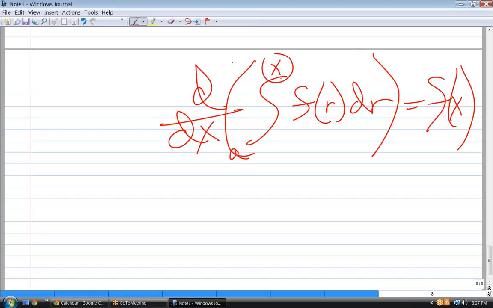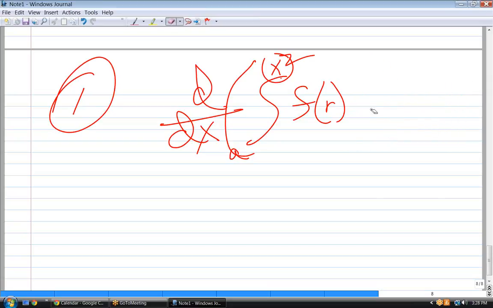When I take the derivative of this integral and I go from a constant to x, I'm going to get f of x. This is basically the fundamental theorem of calculus, part 1. In our case, we went to x squared, which means we had to plug in x squared wherever we found x or t or r. Okay.